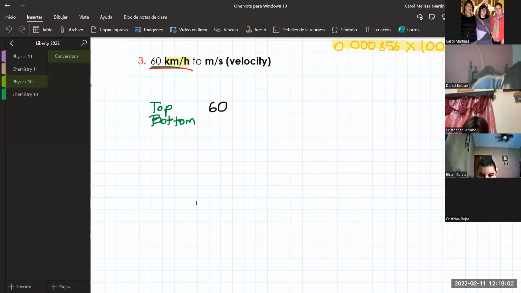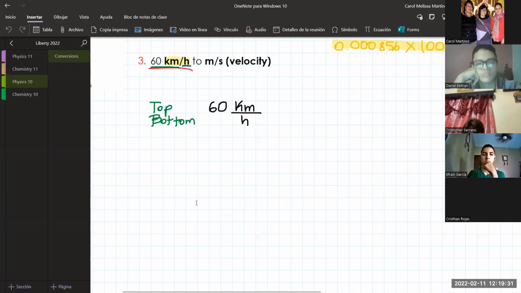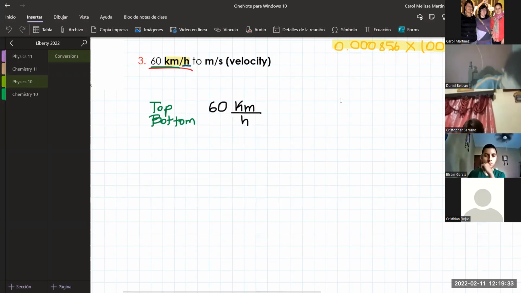So you write it like this: 60 kilometers slash, and then below you have just hours. So hours, you're gonna write it here in the bottom. So now you have your given written as a fraction.